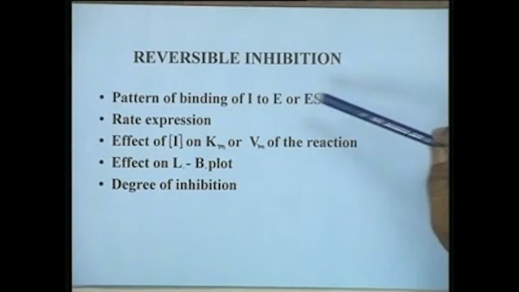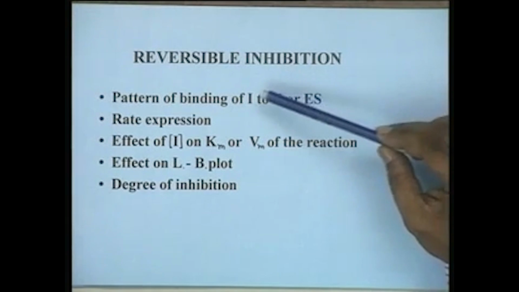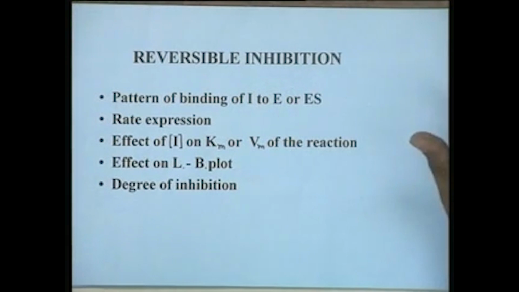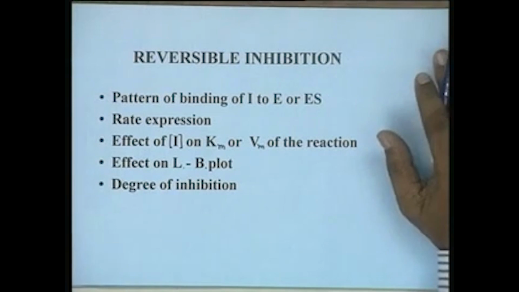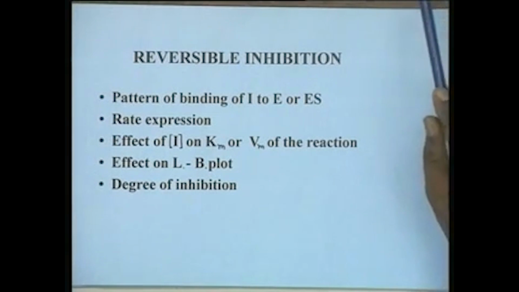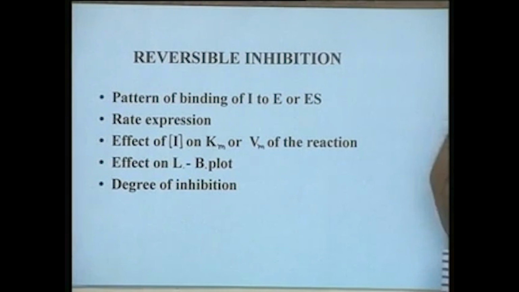Some of the general features which are used to classify them are: one is the pattern of binding of the inhibitor to either the enzyme molecule or the enzyme substrate complex, or in other words, the specific mechanistic steps which are involved in the inhibitory effect. That means the enzyme reaction rate is modified, reduced rather, to a new state in the presence of those inhibitor molecules.